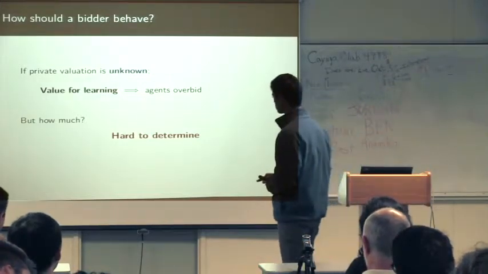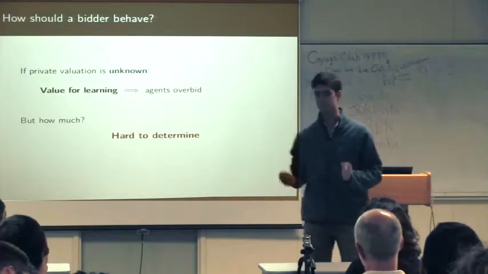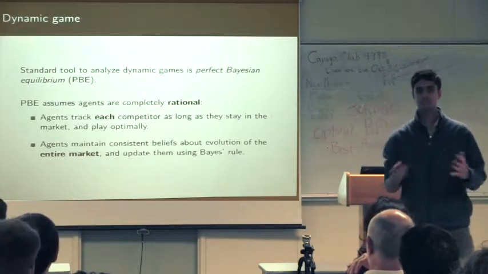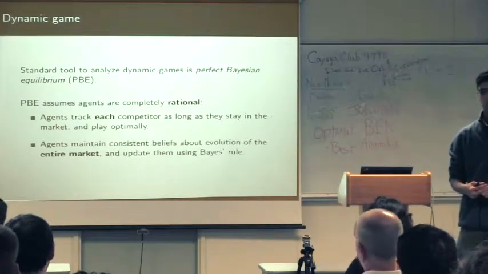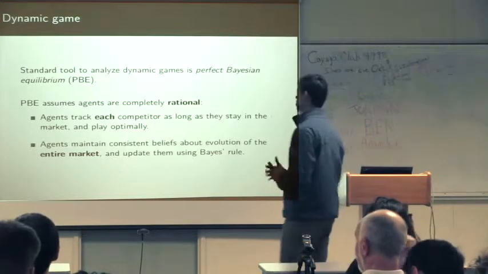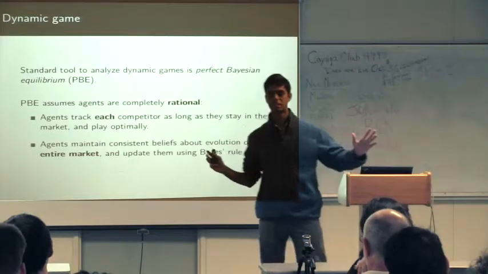And so the standard way to go about analyzing these questions is, as I mentioned, as a dynamic game, and the equilibrium concept you use is a perfect Bayesian equilibrium. So let me specify what a perfect Bayesian equilibrium is. First of all, perfect Bayesian equilibrium assumes that all agents are completely rational.